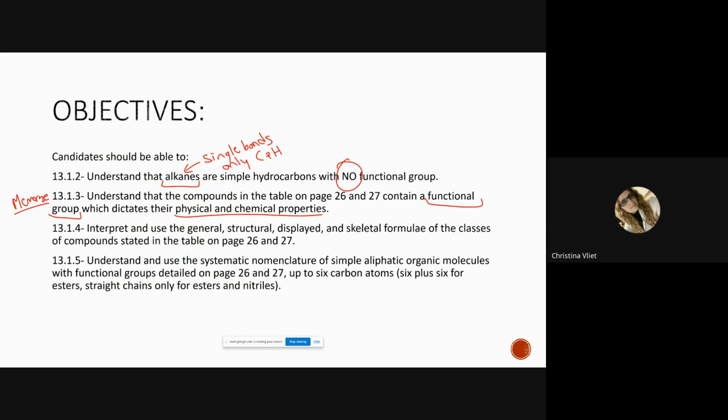The short story is that that has to be memorized, but we're going to spend some time going over each one today. 13.1.4 is directly related to 13.1.3. It's the same thing, except it says know the structural, displayed, skeletal formula for every functional group. And then 13.1.5 is know how to name them.